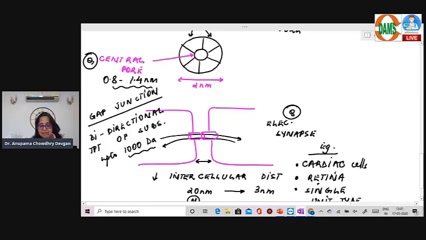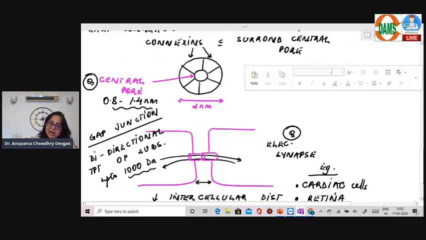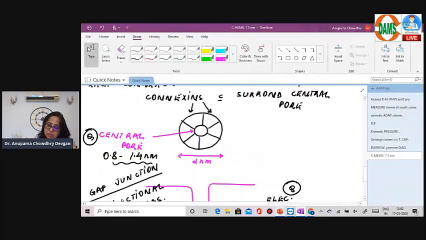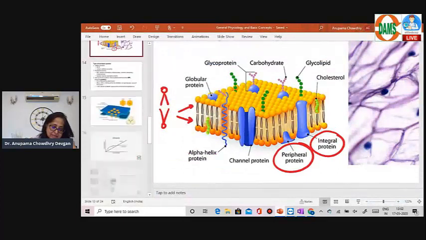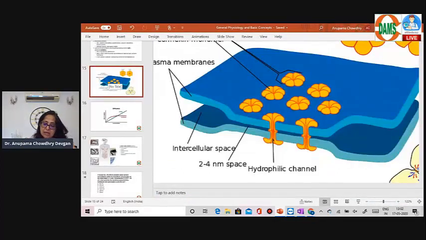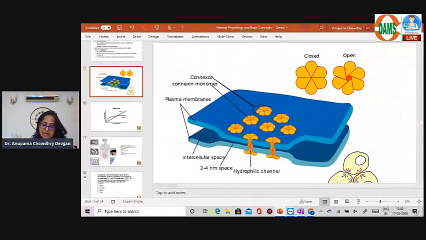Where do you find these gap junctions? Cardiac cells, retina, and in the single unit type of smooth muscle. Now, one little diagram, one little picture that I wanted you to see: this is what a gap junction looks like, right? They reduce the intercellular distance.